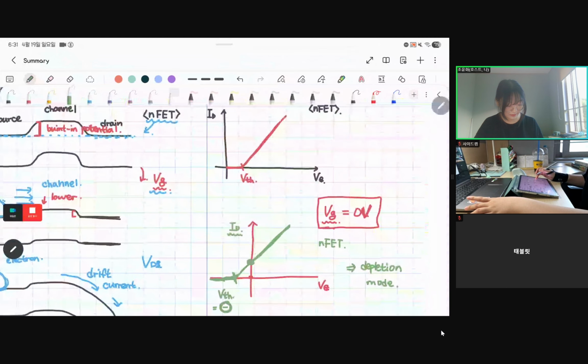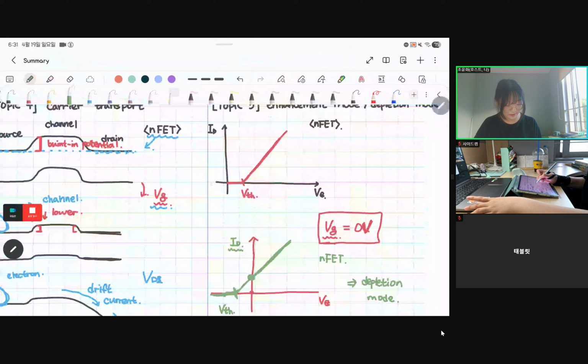And let's see this characteristic again. When the gate bias is 0 volts, like here, there is no current flow. We can call this mode enhancement mode.